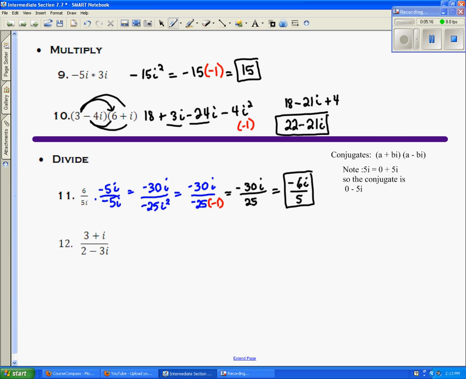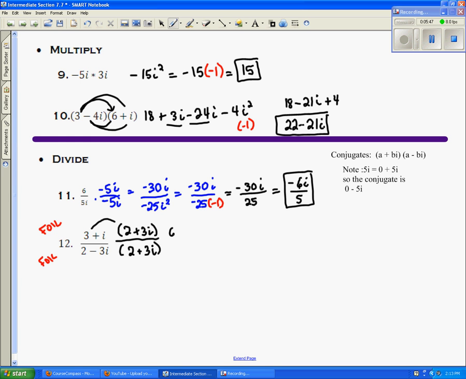Next, we have the conjugate. We're looking for the conjugate of 2 plus 3i, and since it's a binomial, we get 2 minus 3i, so that's our conjugate, remember, because the signs have to be opposite. Now we're going to have to FOIL in the top and FOIL in the bottom. Actually, in conjugates, the inside terms cancel, but I'm just going to go ahead and do it anyway so that you can see it. We're going to FOIL.